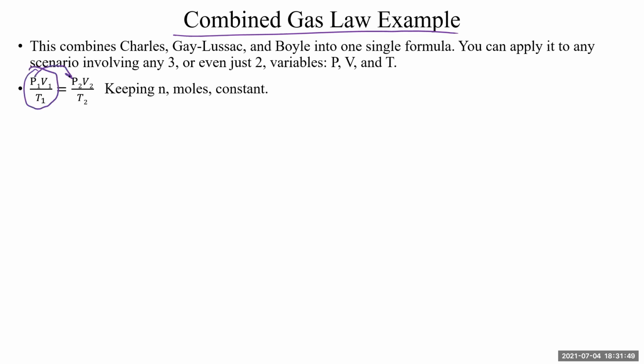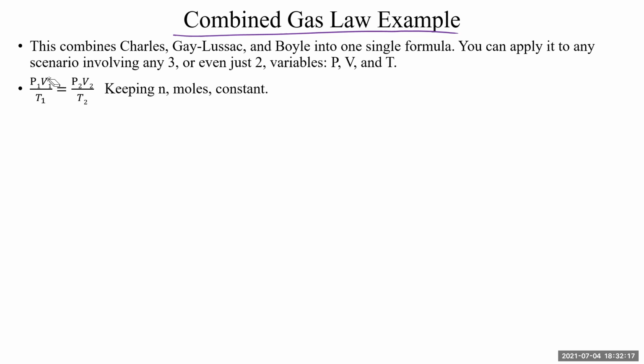You have your inversely proportional relationship for Boyle's law, P and V multiplied together. You have your Gay-Lussac relationship, P over T, and you have your Charles relationship, V over T. You have all three relationships right here. The only thing you're missing is Avogadro's law. So that's all you need here.